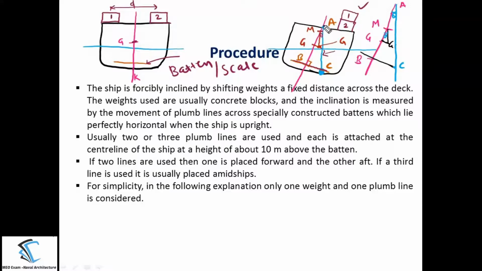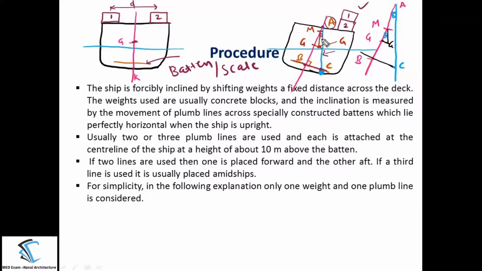One end of the plumb line is connected at the top of the ship at the center line, and the other end is touching the horizontal batten at the keel. Let's call the top of the plumb line A. The point where the plumb line intersects the batten I am calling C, and where the plumb line intersects the center line is B.